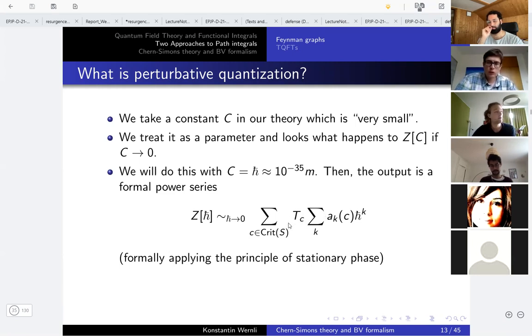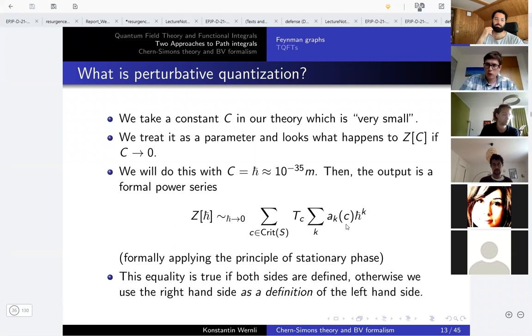And there will be some constants for each critical point, and then a formal power series associated to each critical point with certain coefficients a_k. So how to compute those coefficients? They are the ones coming from Feynman integrals, Feynman graphs. All right, and in the finite dimensional case, this is a theorem.